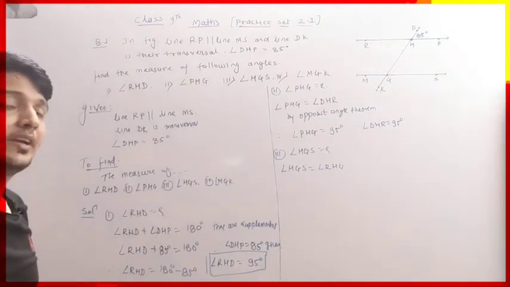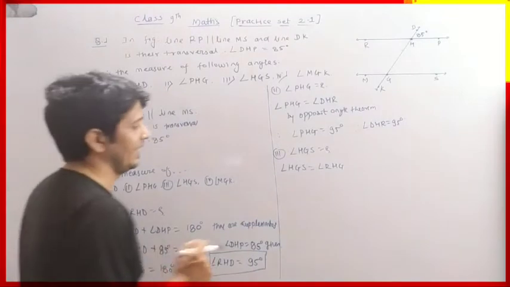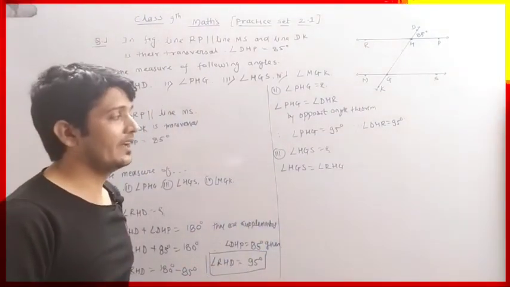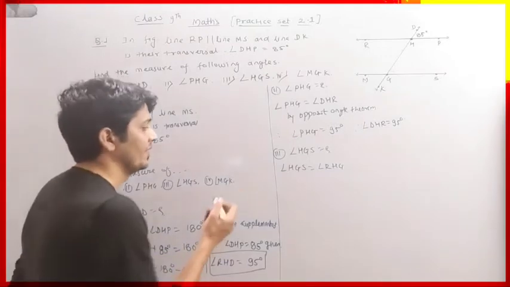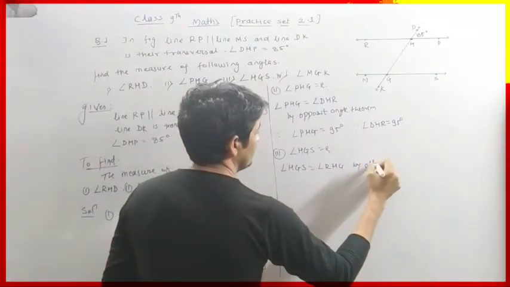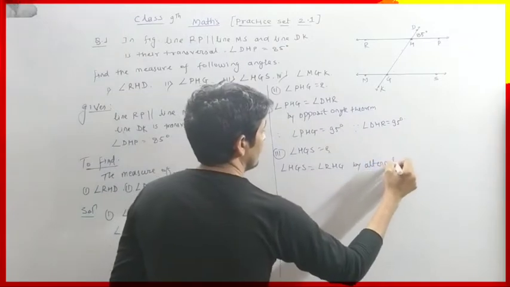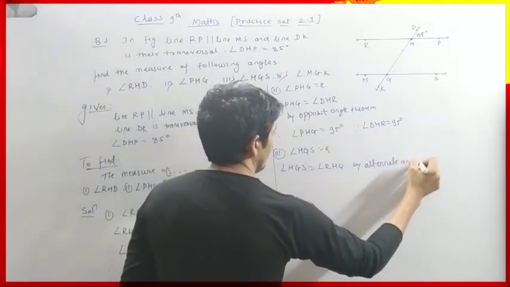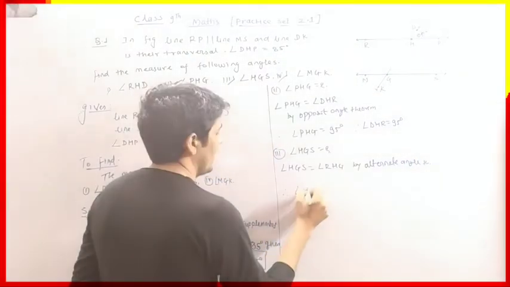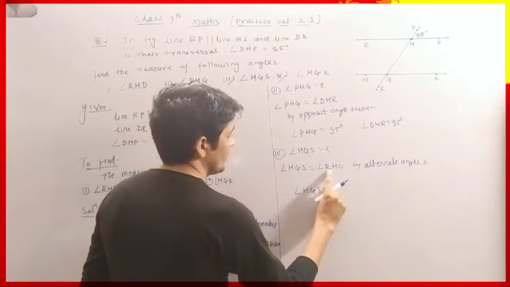So we have to write alternate angles. These two angles are alternate angles, and alternate angles are equal to each other. So you have to write by the alternate angle theorem. Therefore angle HGS equals RHG.